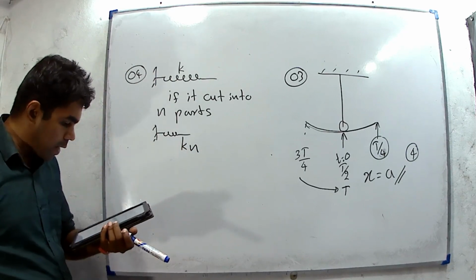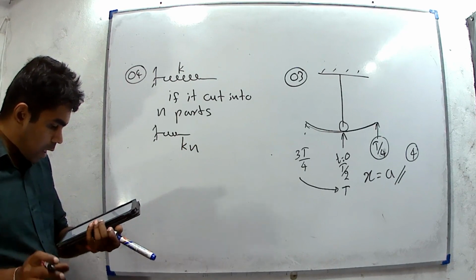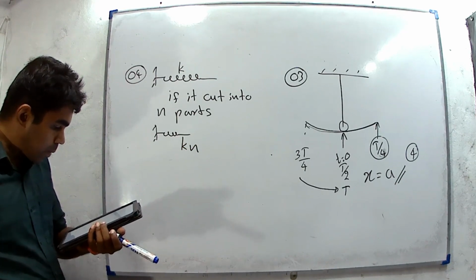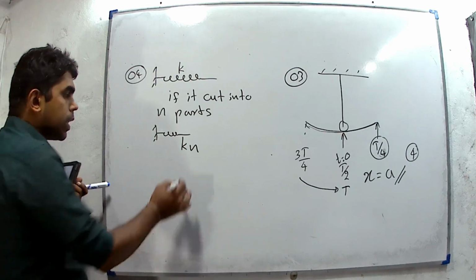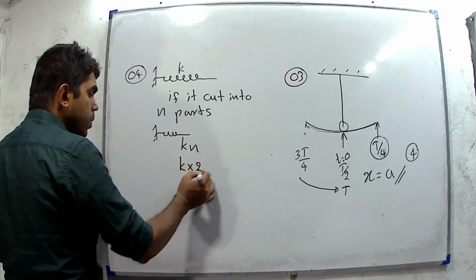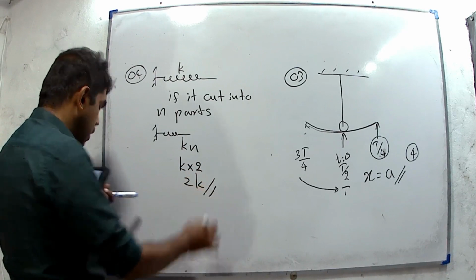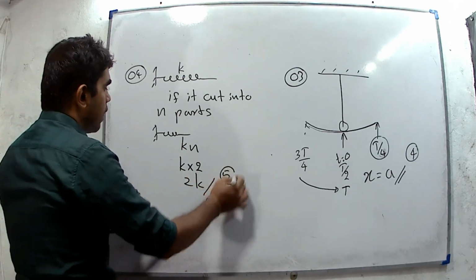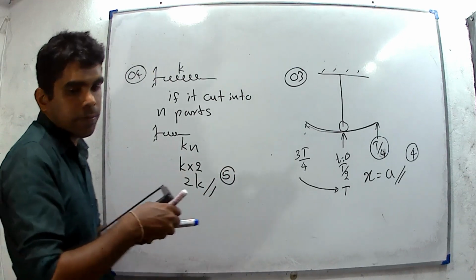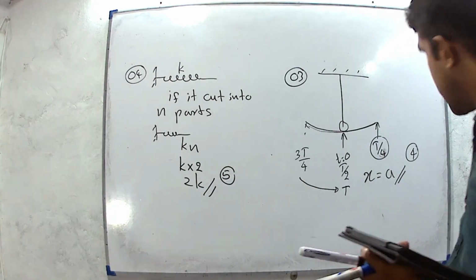Now they have given that the string is cut into two equal parts. Therefore, k times 2, which means 2k is the spring constant for one part. Then answer 5 is correct for question number 4. You have to remember it as a theory.